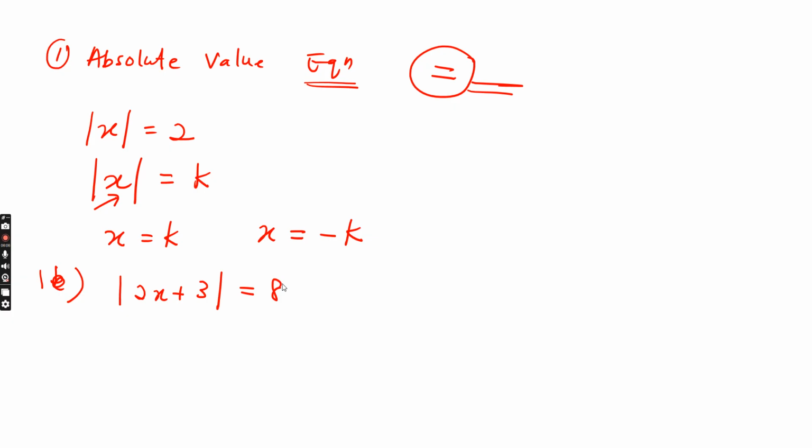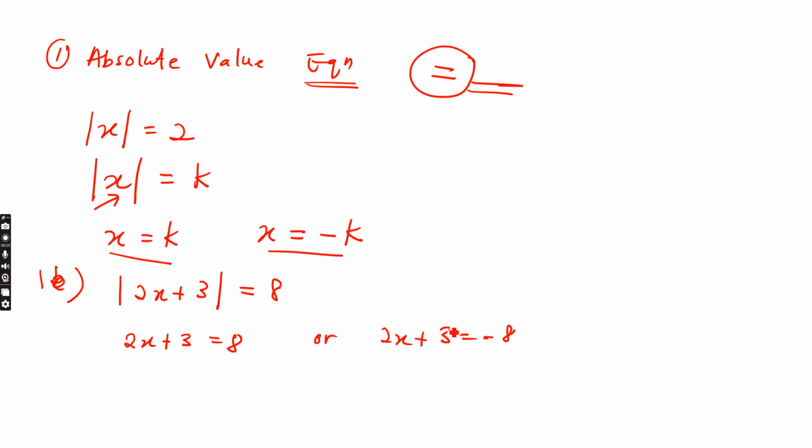Once we get this kind of question, first of all, remember this step, we separate it into 2: 2x plus 3 equal to 8, and another one, 2x plus 3 equal to negative 8.